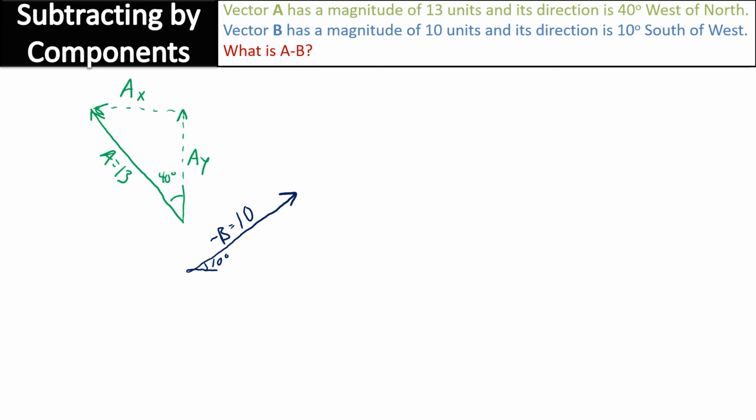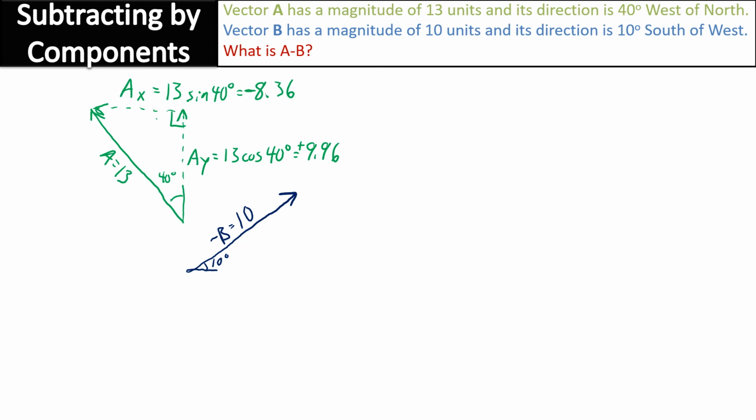And take note, because they named this angle here, I drew the triangle like this, and AX is opposite the angle that they described, so I can't use cosine because it's opposite. So that little shortcut doesn't always work. It's going to be AX is equal to A sine theta, and AY is equal to A cosine theta. Now AX is pointing to the left, so you have to make sure that you make it negative. AY is pointing up, so it's okay if it's positive.